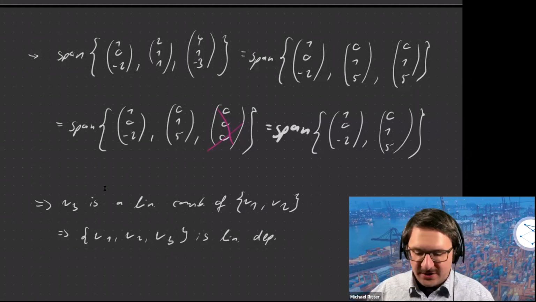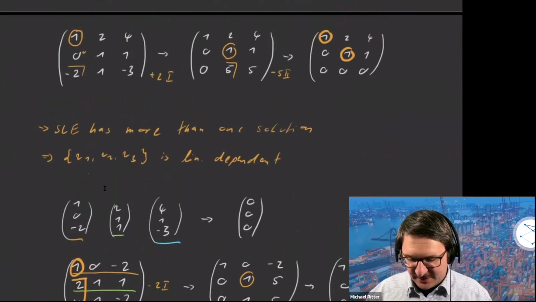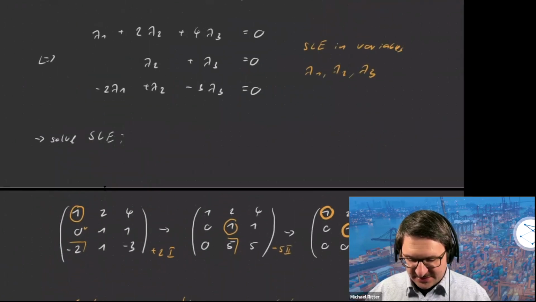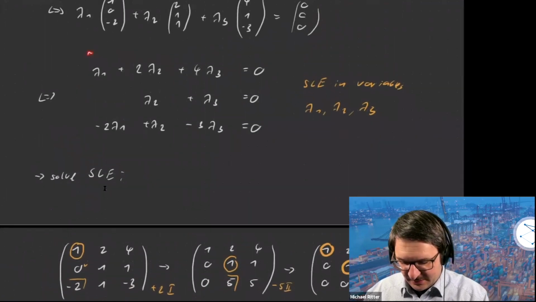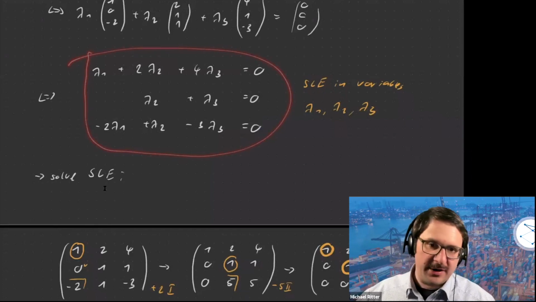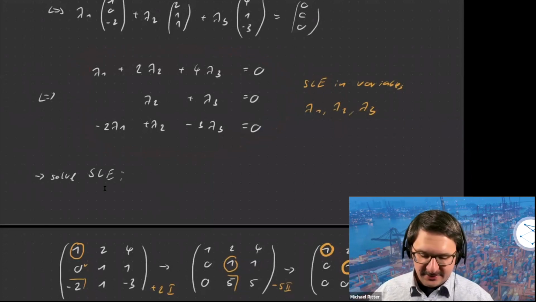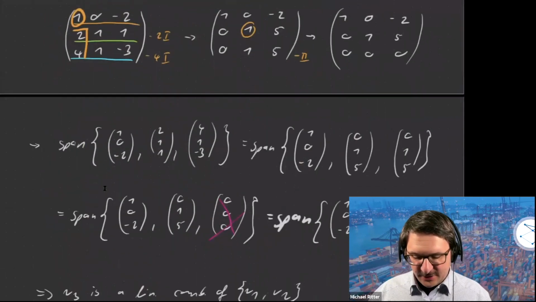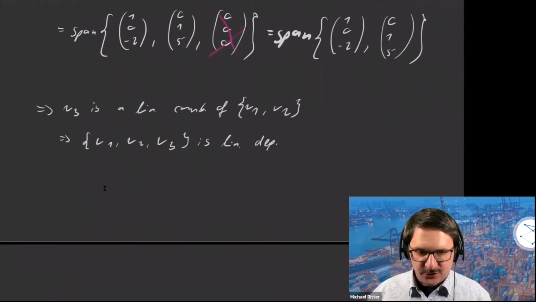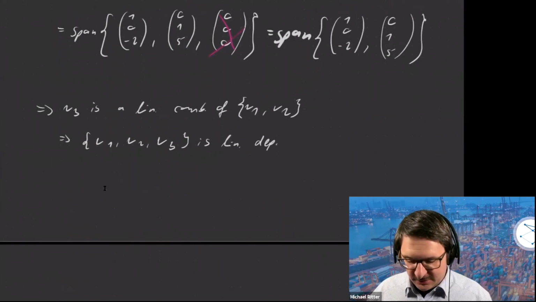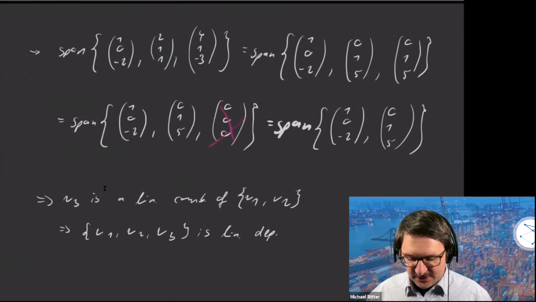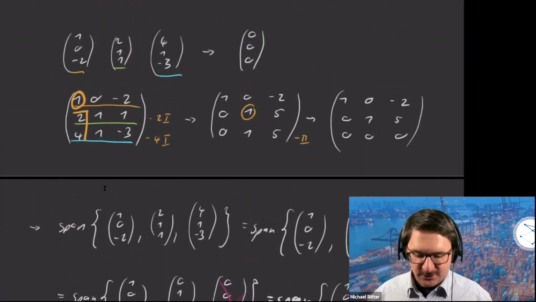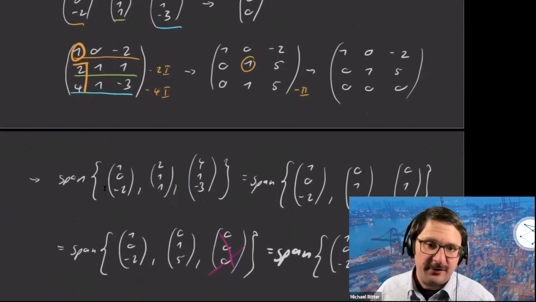But if I actually wanted that, then the method of just solving this SLE here is probably much easier. That would give me the right lambdas right away. But if I don't want the linear combination, if I just want to know whether the vectors are independent or not, then this method here is totally fine. Yeah, you can just do that. And we will do that frequently.